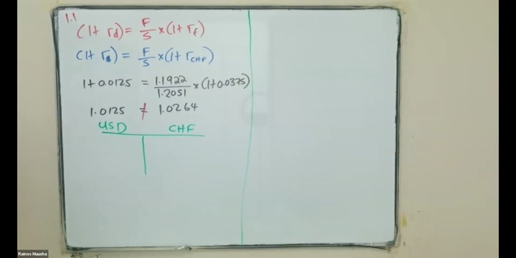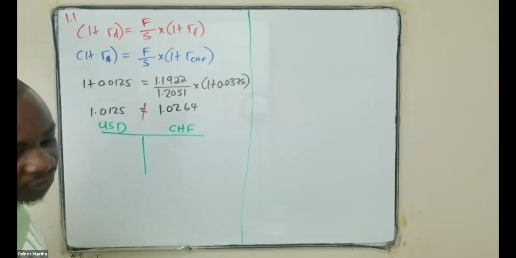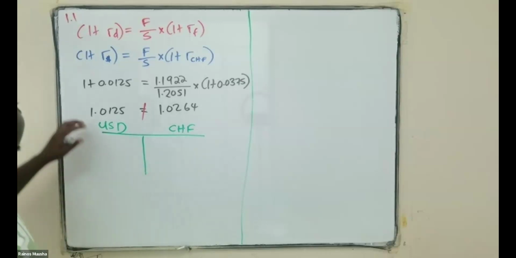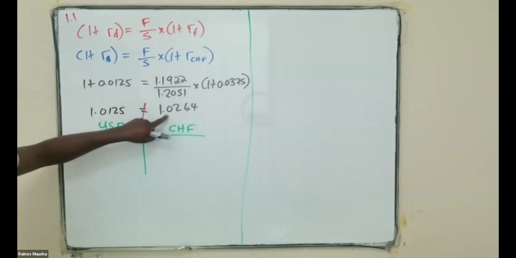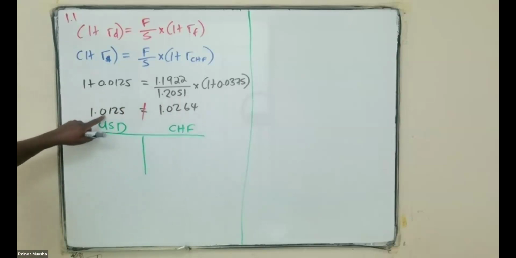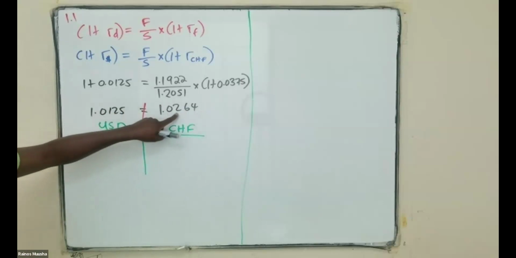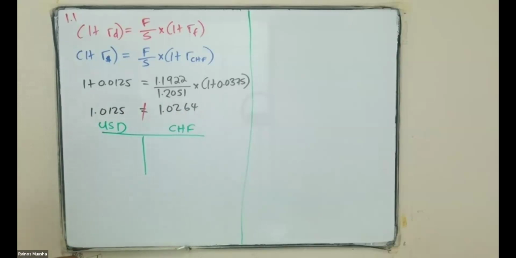From the given information, when you look at our diagram, we see that the smaller amount is on the US dollar side, and the bigger amount is on the CHF side. So because of this, we are going to make a decision to what?